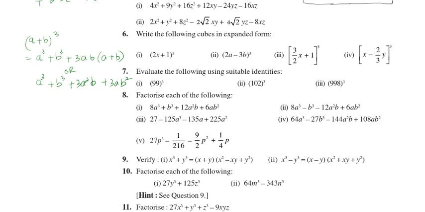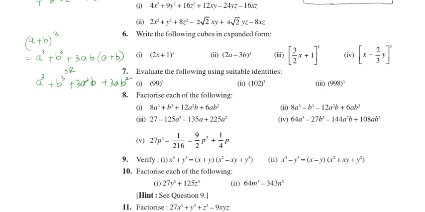So you see, (a plus b) whole cube is a cube plus b cube plus 3ab multiplied by (a plus b). Or if I open the bracket, I'll get a cube plus b cube plus 3a square b plus 3ab square. This is also used in some questions, and this is used for expansion. So if you remember both, it will be better.